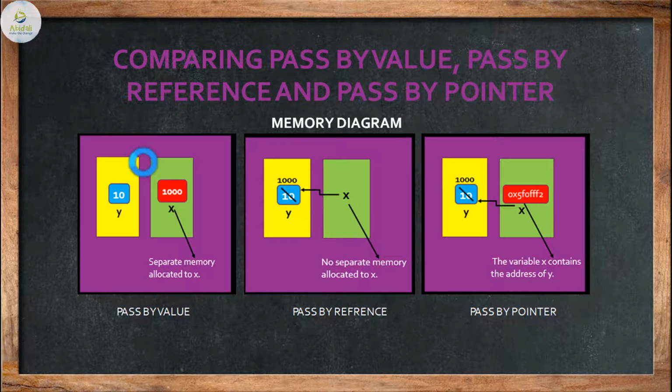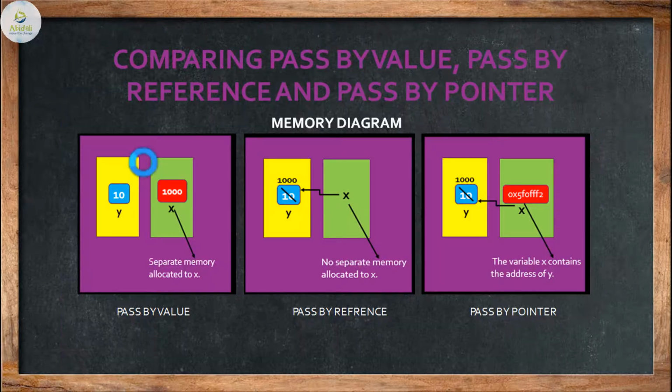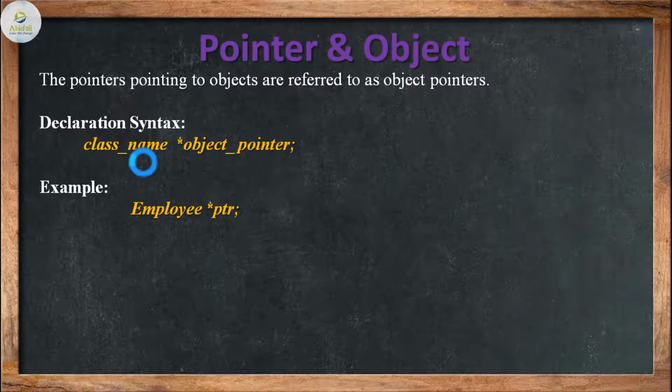Then for pass by reference, the same memory has been shared by x and y. Okay, the addresses are not different, so you see a container has not been created. Then references are used, or the address of x is copied into y, or the addresses are worked out in pass by reference.